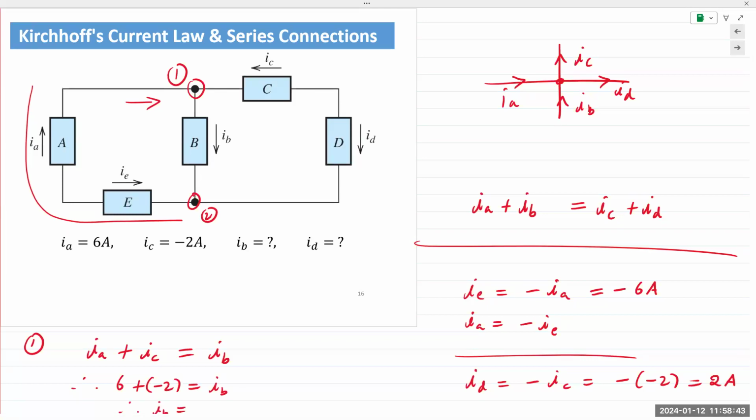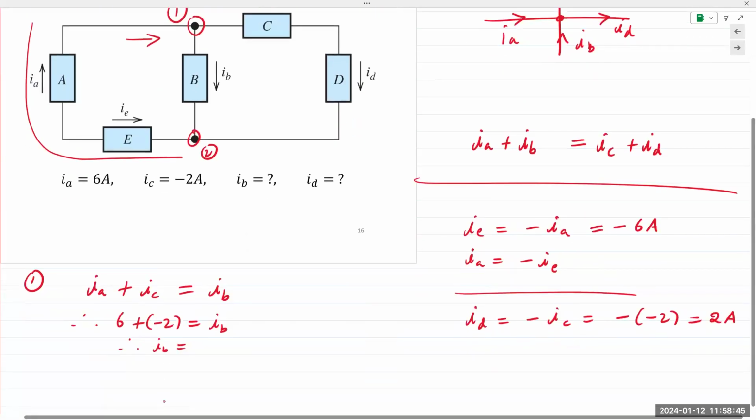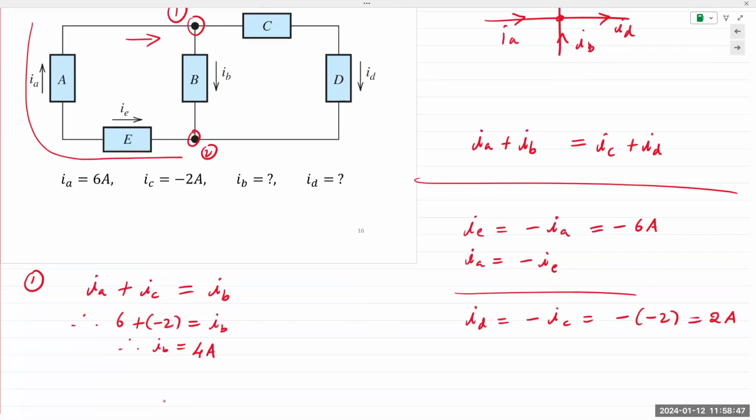Therefore, IB is 4. Again, 3 currents at junction 1. 2 of them are entering, IA and IC, and IB is leaving. I write out my equation, plug in the values, and solve.